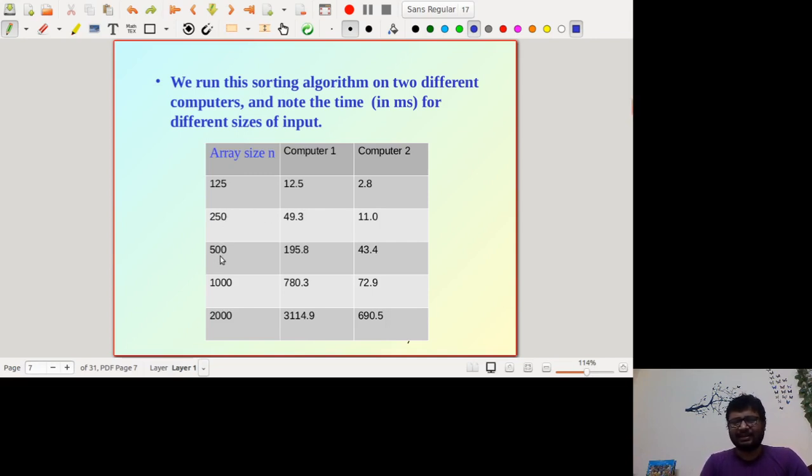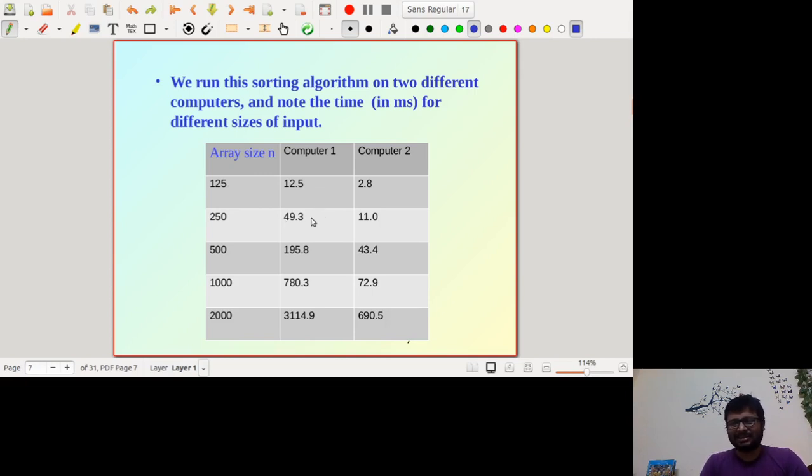Now when the array size is 500, it takes 195.8 milliseconds, which is, again, roughly equal to 16 times 12.5. So when array size goes up by a factor of 4, 500 is 125 times 4, computation time goes up roughly by 16.